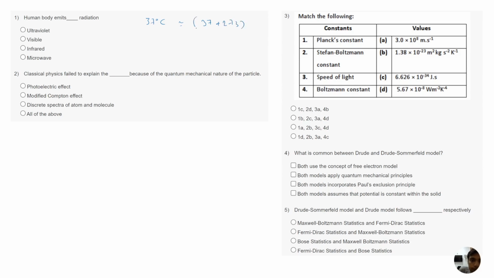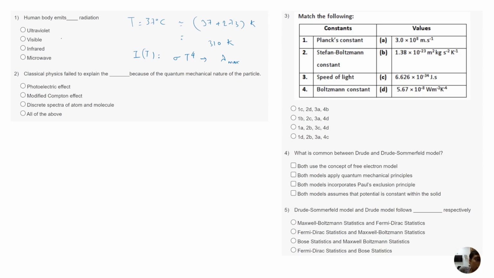273 Kelvin, which means 310 Kelvin, it will emit intensity according to the Stefan-Boltzmann law.